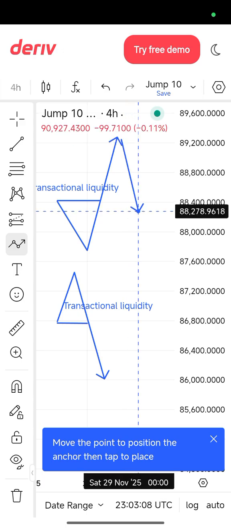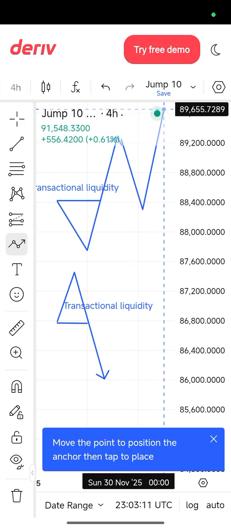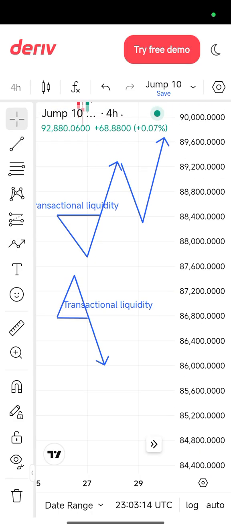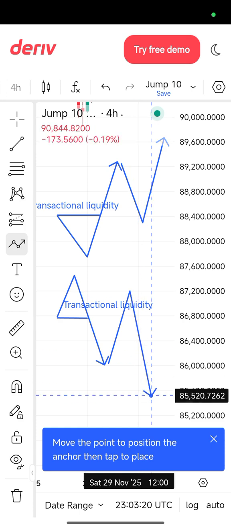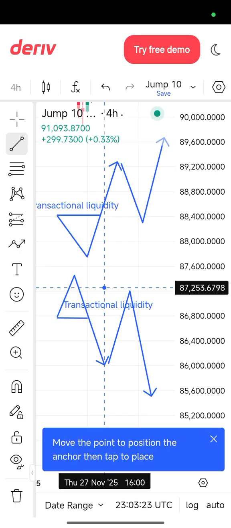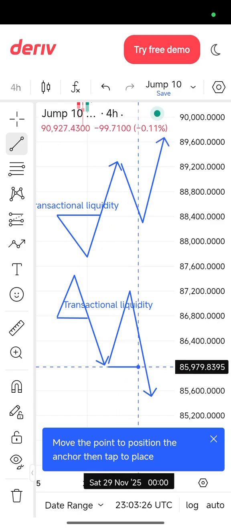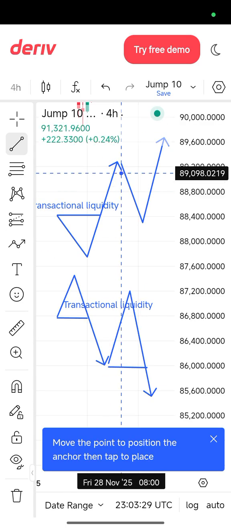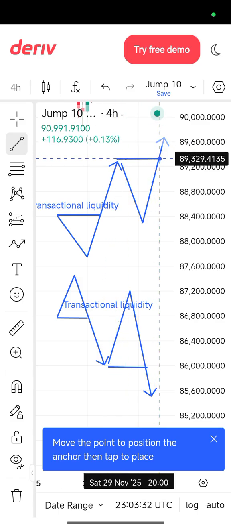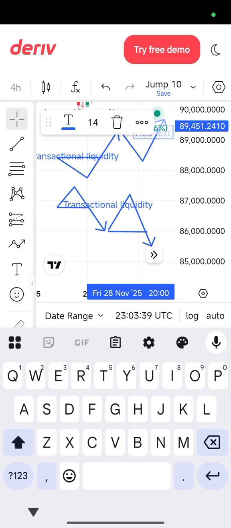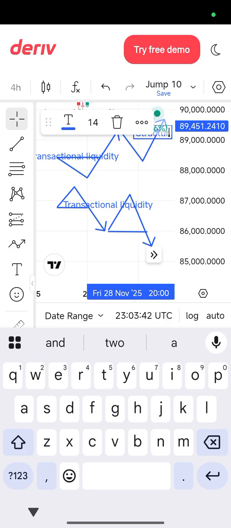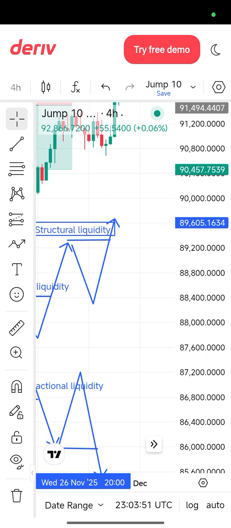This is your structural liquidity, right? So this is your structural liquidity.